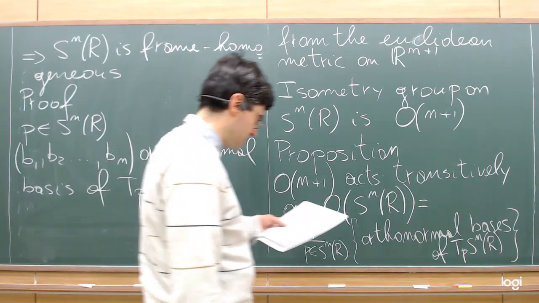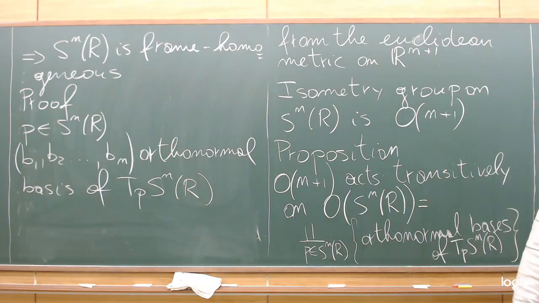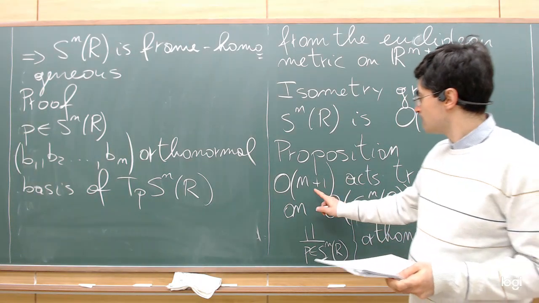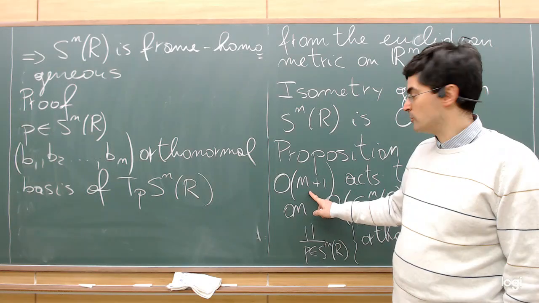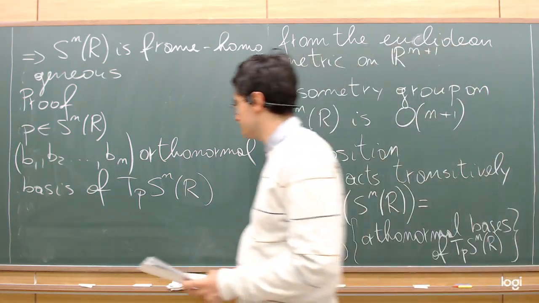We will show that there exists a linear map represented by an element of O(n+1).